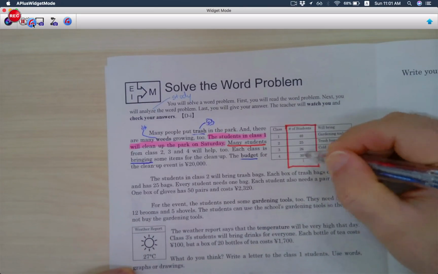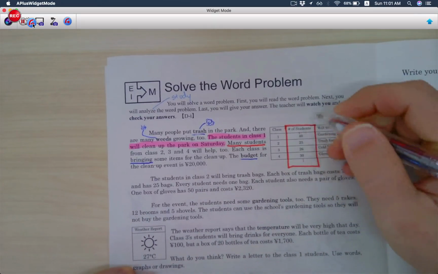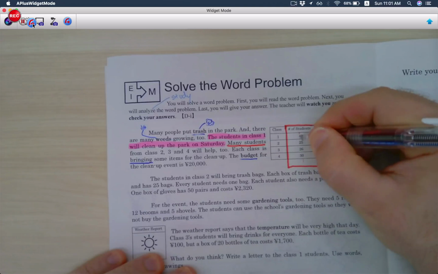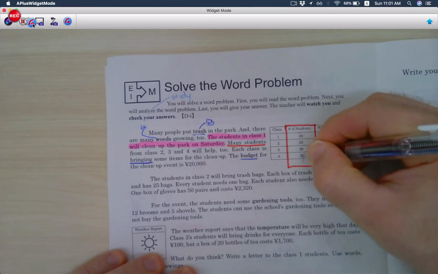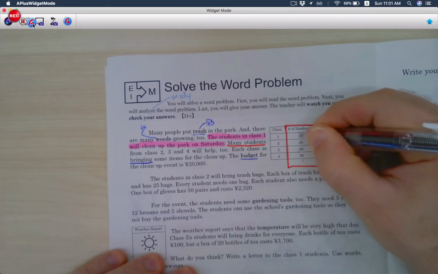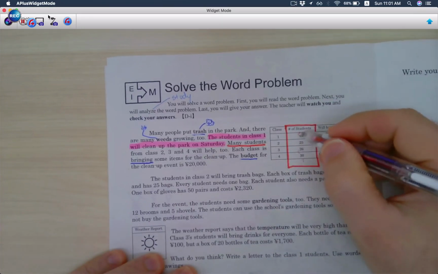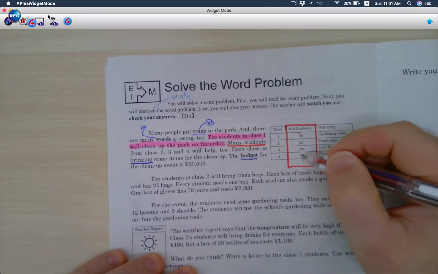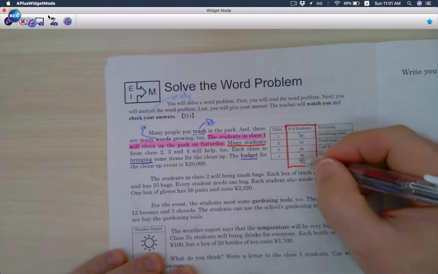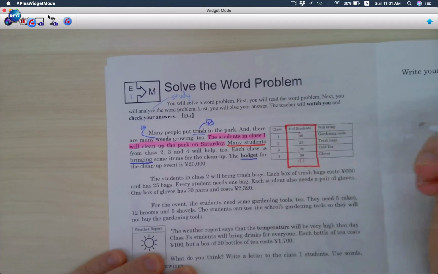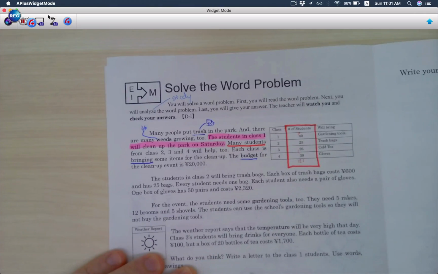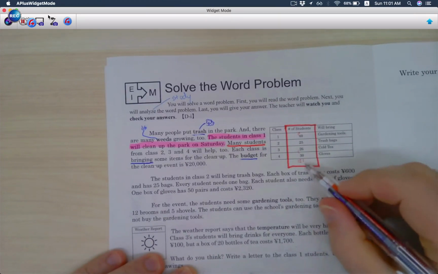That's 1, and carry the 1. Then 2 and 3 make 5. And 1 and 4 make 5. And there's a 2 left. So that's 5, 5, and 2. That means there are 121 students total. That's important for me to know.